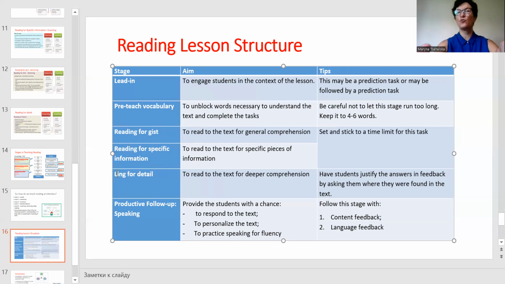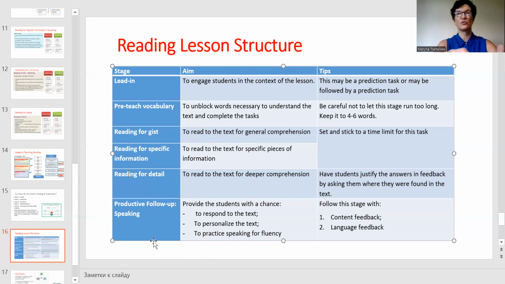Why? Because, again, reading is a receptive skill. You check the understanding, but language is production. So you put in, so then everything is processed, and after this input, you need the outcome, you need the production of your students.